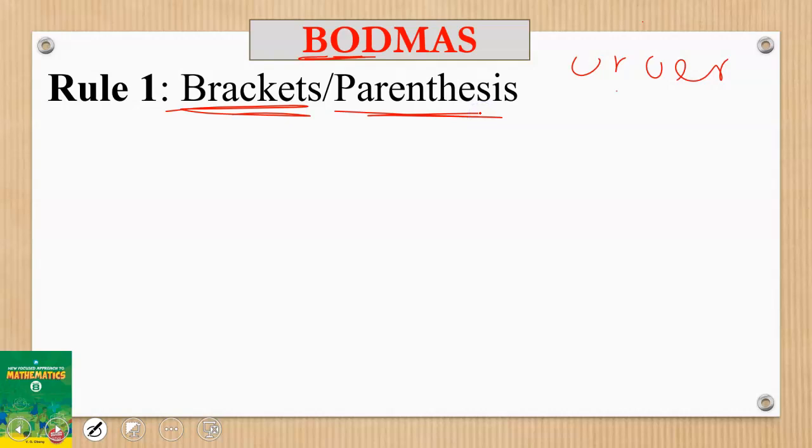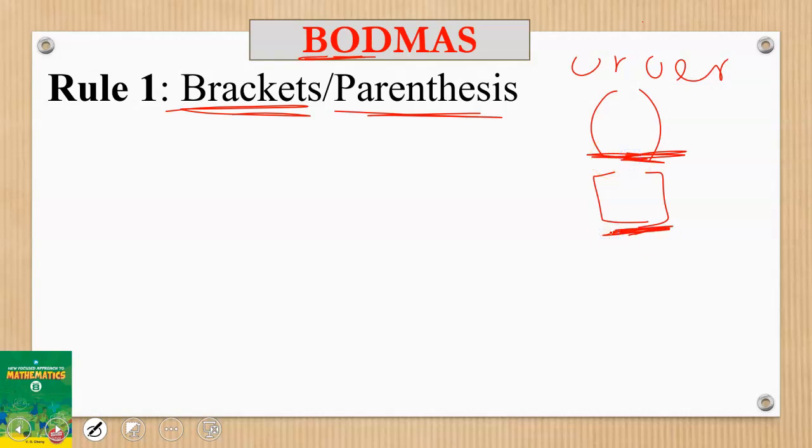What we call bracket, others call parenthesis. If you go to the US, they call this bracket, they call this parenthesis. We call both of them brackets, but ideally this would be parenthesis and this would be bracket.